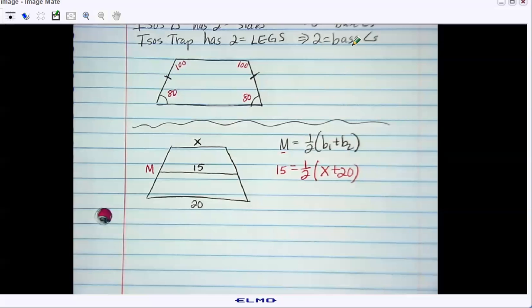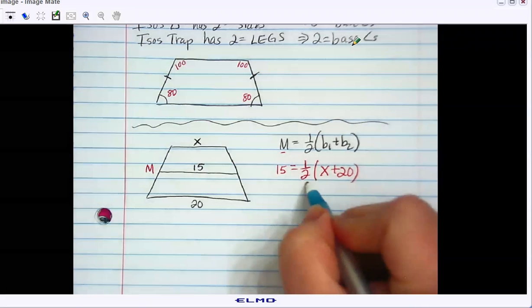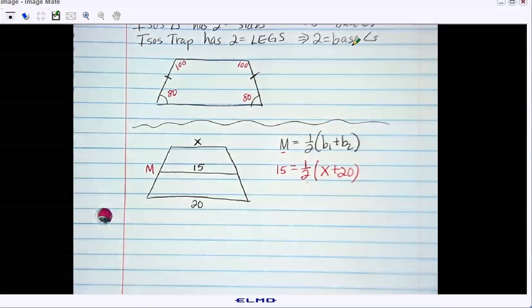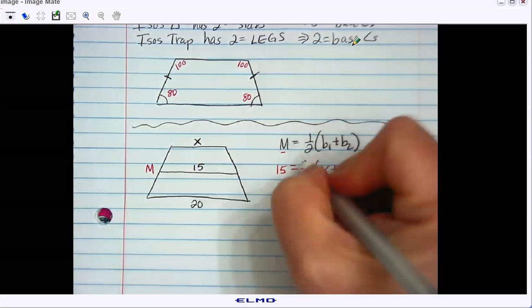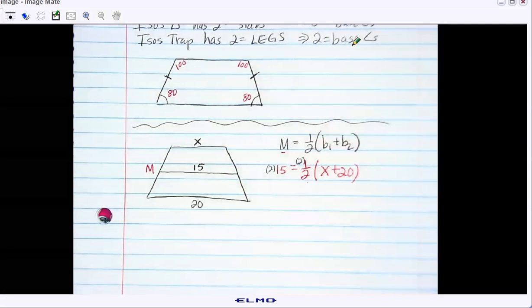Well, if you're like most of us, myself included, I'd rather not work with a fraction if I don't have to. So let's get rid of the fraction. This is technically a divide by 2. What's the opposite of divide by? Multiply. Good. So I'm going to multiply both sides by 2.